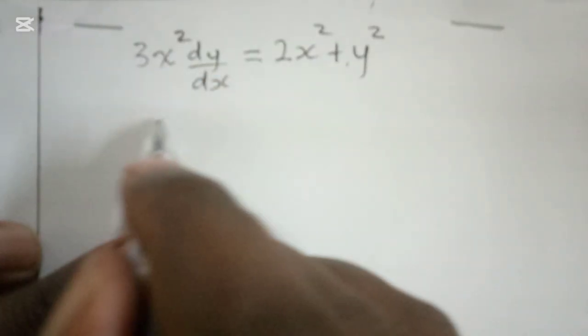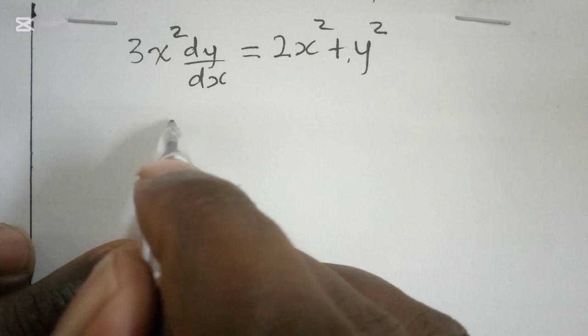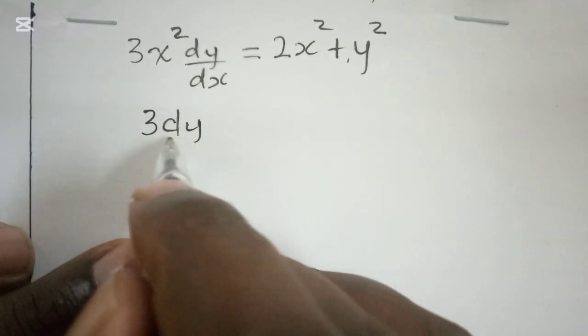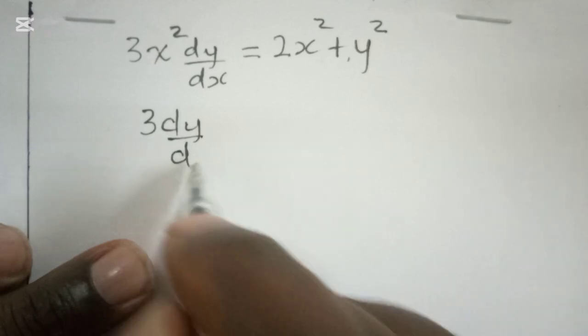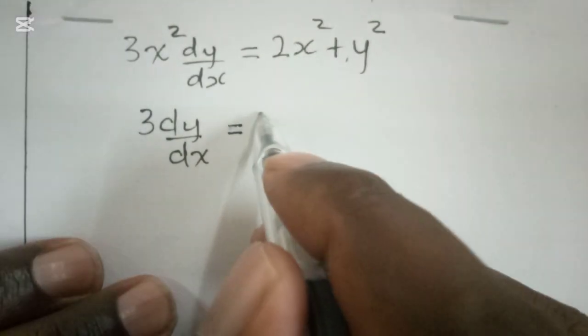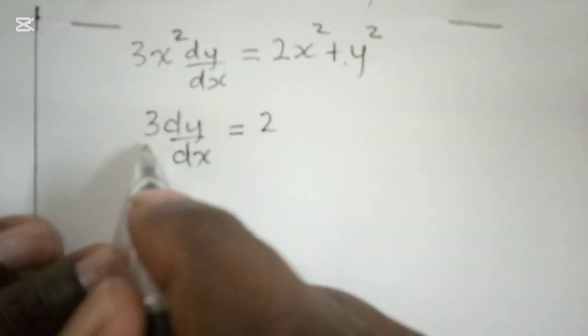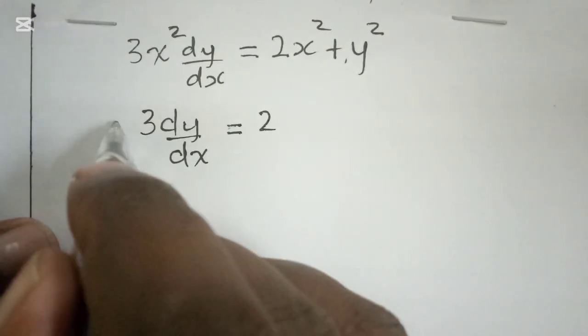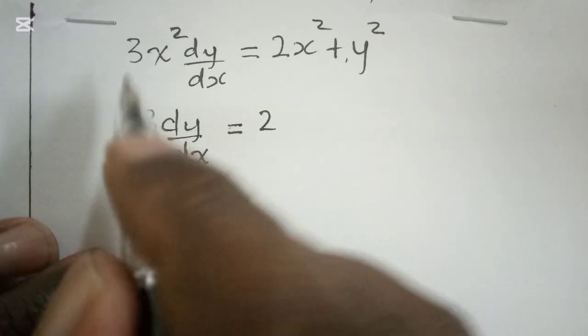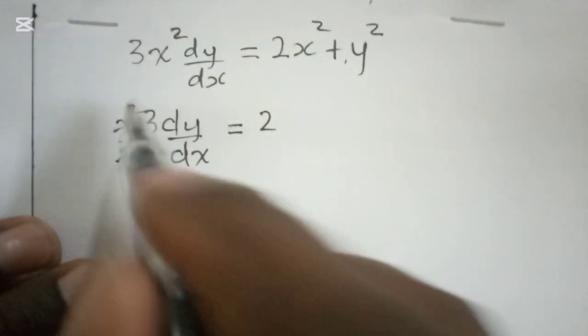I divide here by x squared, so I'll write 3 dy dx equals 2. I have already divided here by x squared, so that one will cancel.